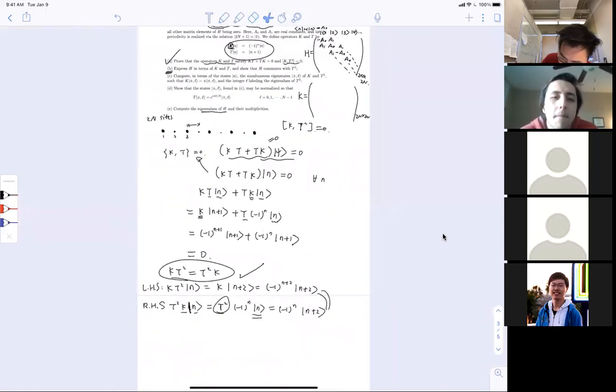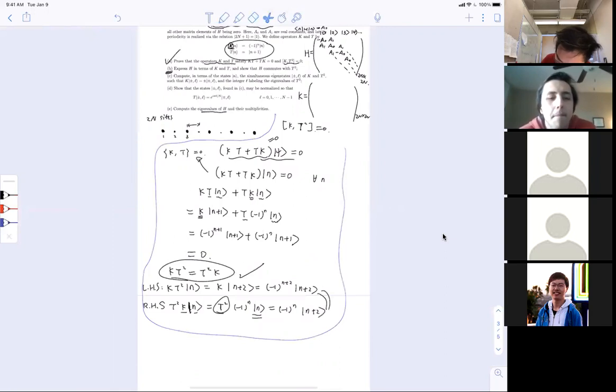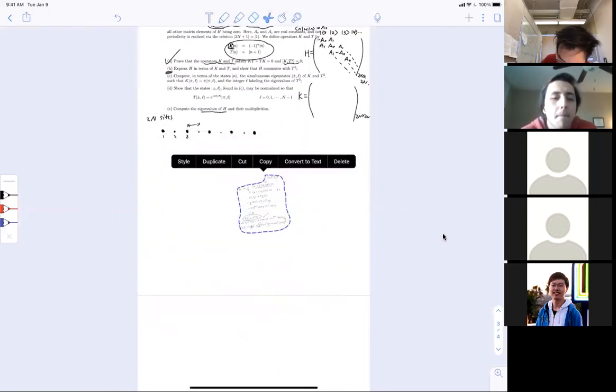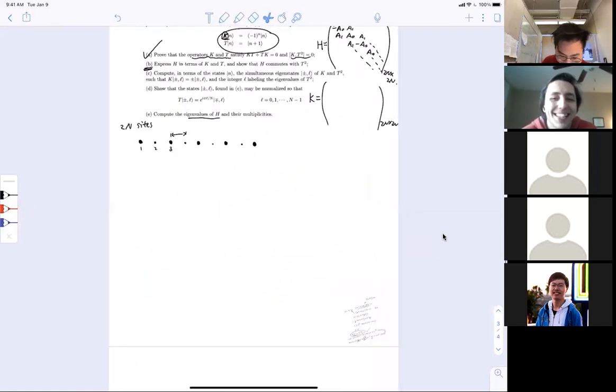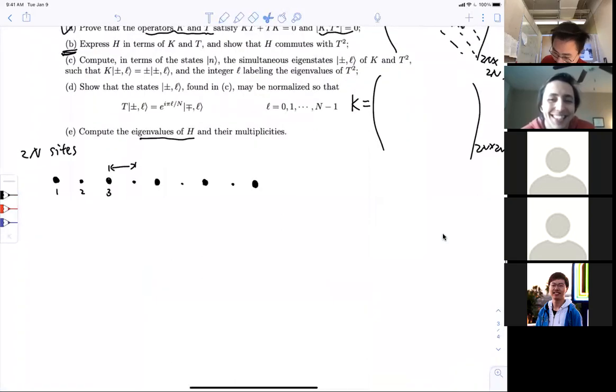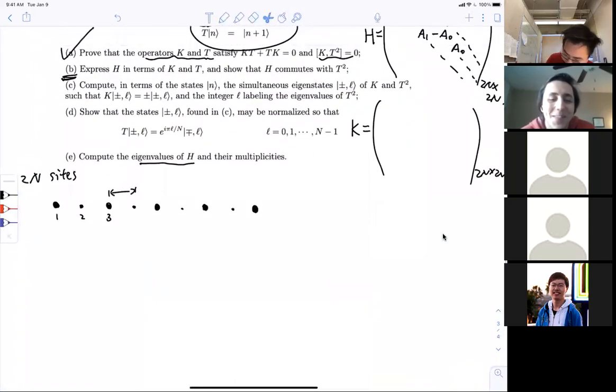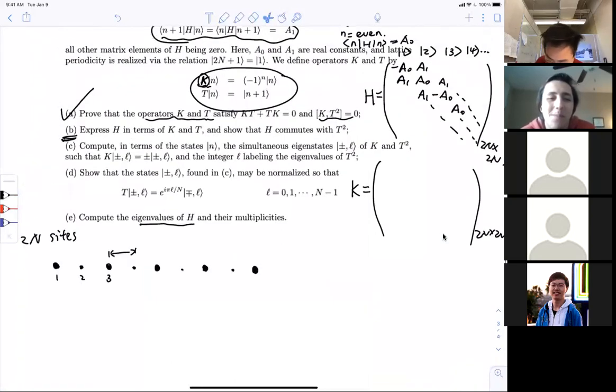Let's write our K here. K is also diagonal in this 1, 2, 3, 4 basis.